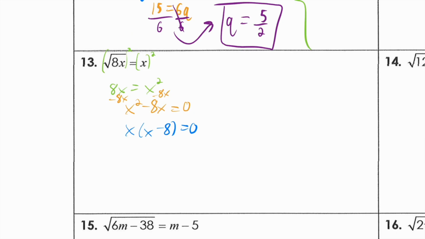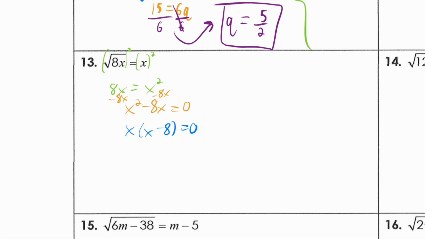Well, it can't be a sum of cubes because it's not adding, and it can't be a difference of cubes because even though 8 is a perfect cube, x is not a perfect cube. If it was x to the third, it would be. And it can't be a difference of squares because neither of these are perfect squares, meaning it's actually just already all factored out. And if you're wondering, this wasn't either a difference of squares or difference of cubes either, because once again, neither of those are perfect squares or cubes.